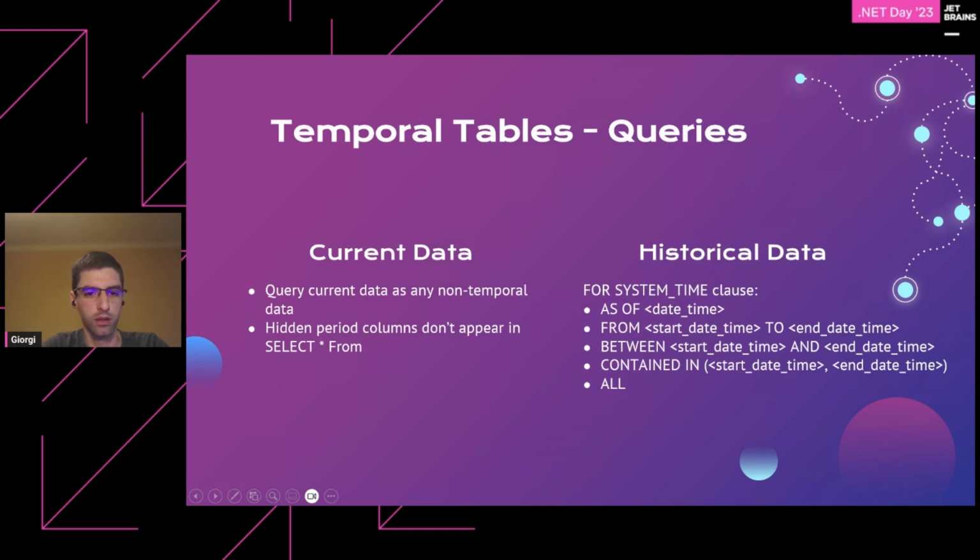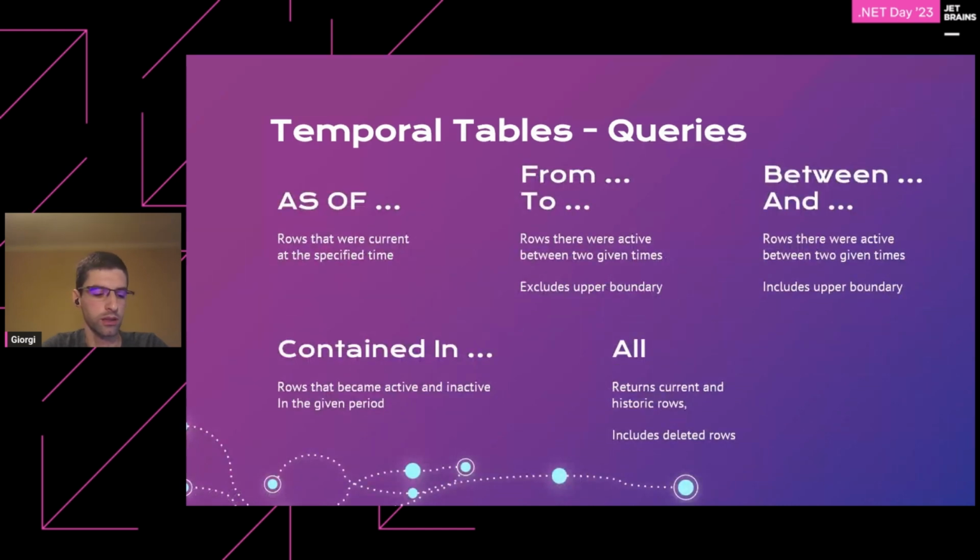We can use the AS OF clause to get the data that was current at the specified time. We can get all the records that were current from one date until another date with the FROM, TO, or BETWEEN and AND clauses. We can also use the ALL clause to get all the data, including current as well as historical data. And we can use CONTAINED IN to get all the rows that became active and inactive in the given period.